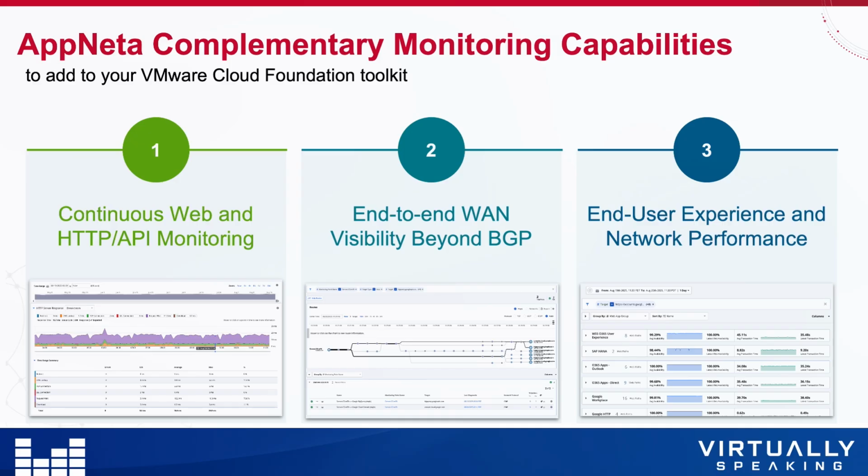And what we're showing here is really the three core parts from the AppNeta side that make it immediately valuable to anyone using VCF, because we've talked a lot about the network synthetics right now, but there's also web synthetics and API monitoring baked into AppNeta that will allow you to get baselines for application performance from the network and the app perspective and from that end user perspective.